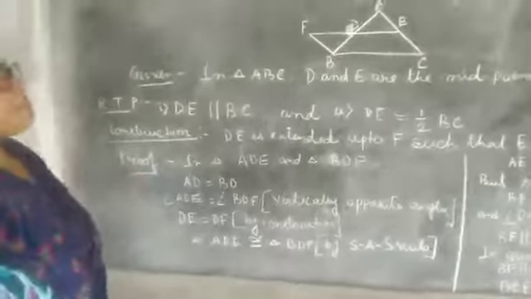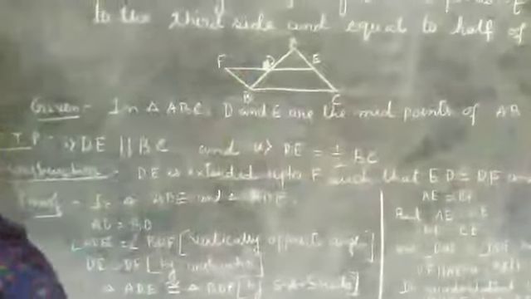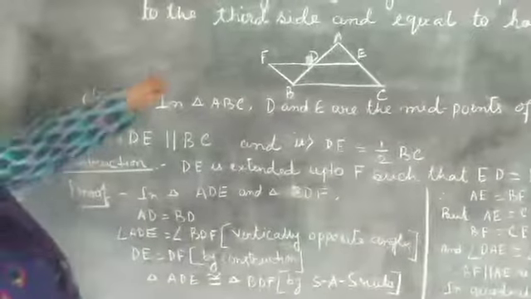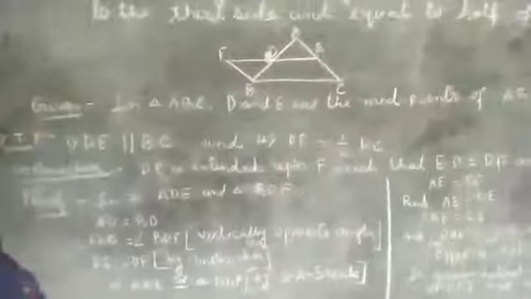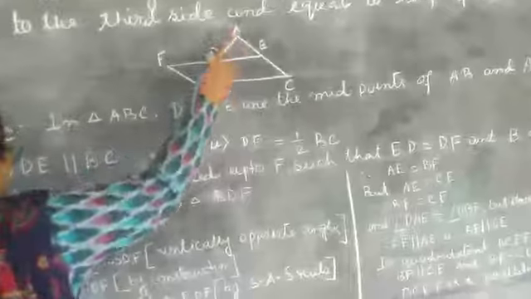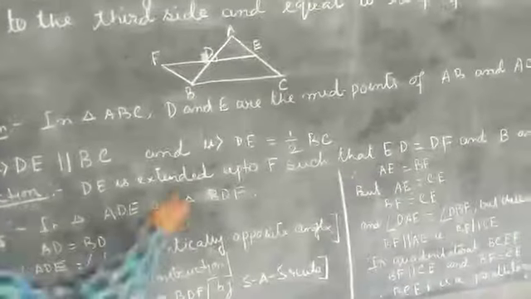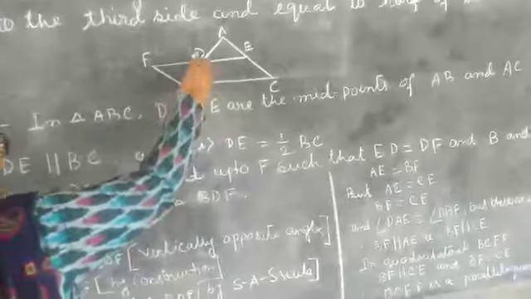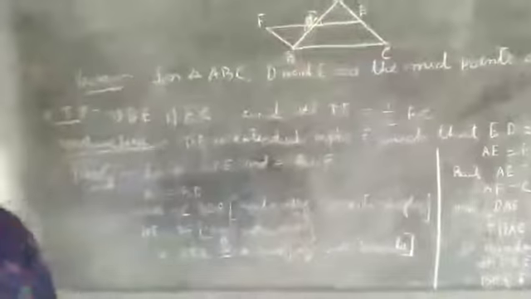Now the proof. In triangles ADE and BDF, AD is equal to BD because D is the midpoint, and angle ADE is equal to angle BDF. These two lines intersect at the point D, so these are vertically opposite angles.